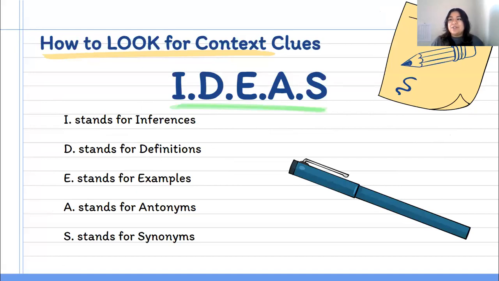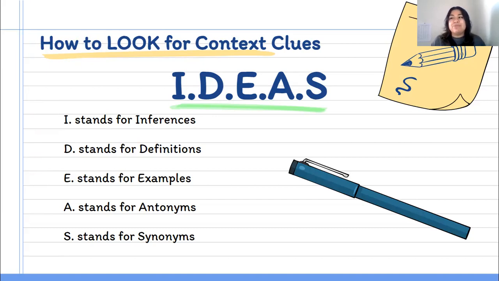Okay, so one way to look for context clues is to think about IDEAS. Now, IDEAS is an acronym, which means each letter stands for something else. We have I, that stands for inferences, which basically is an educated guess. D stands for definitions, which is the actual meaning of the word.